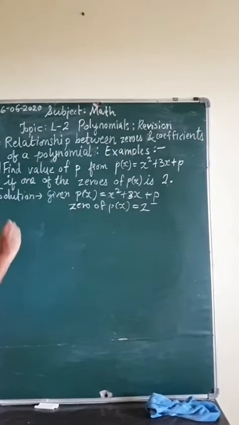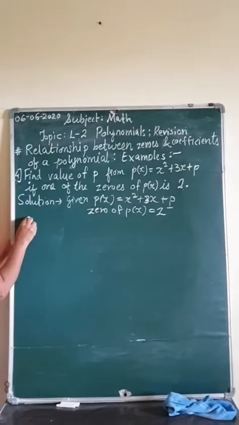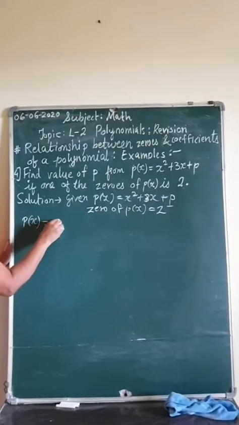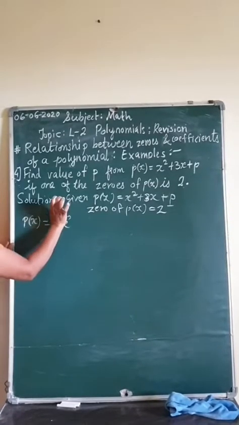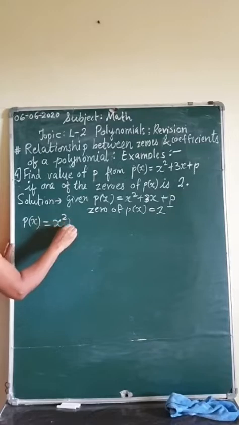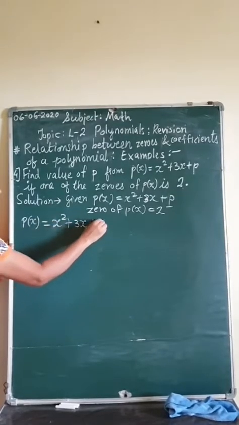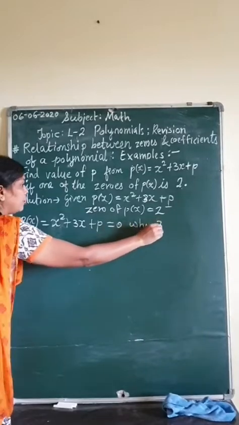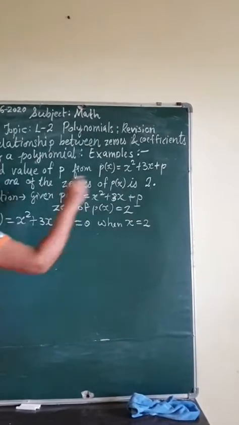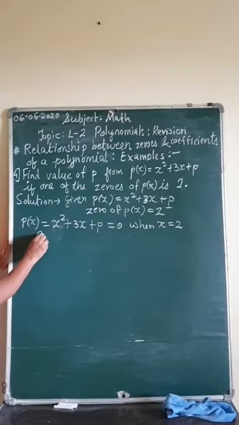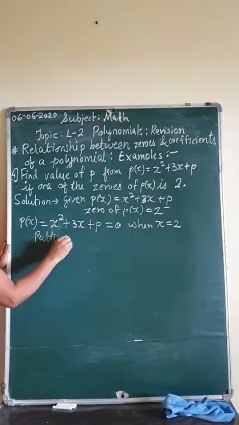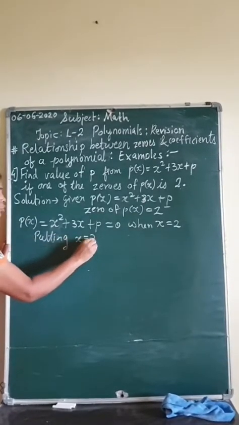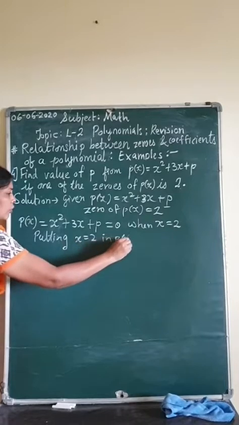It means what? This p of x, which is x square plus 3x plus p, is equal to 0 when the value of x is 2. So here simply we have to put the values. Putting x is equal to 2 in p of x, what do we get?